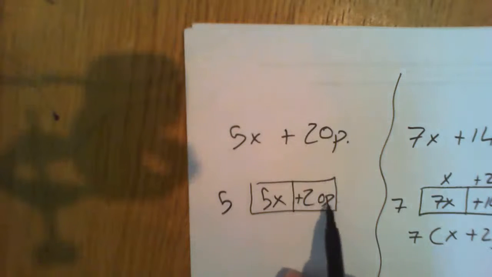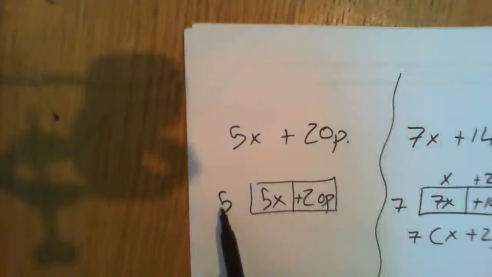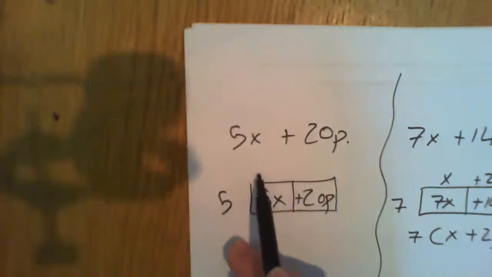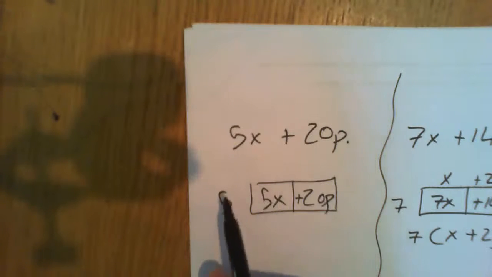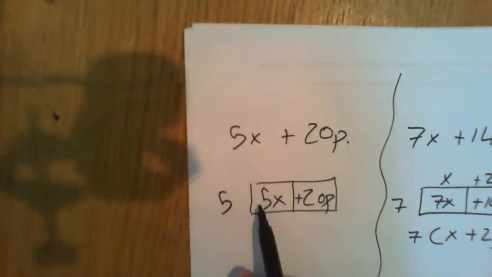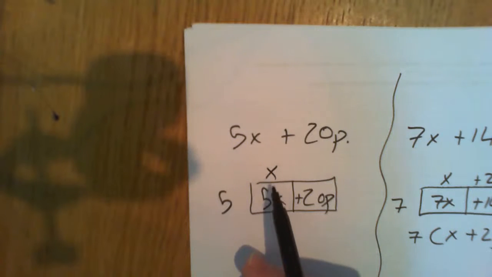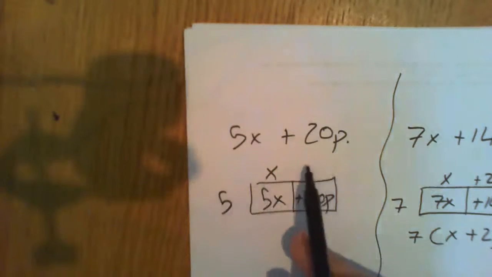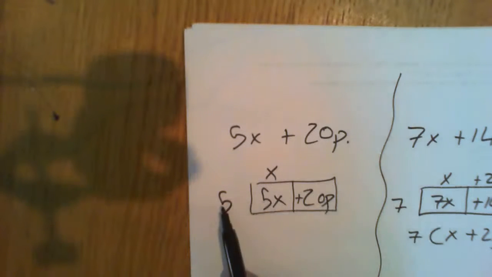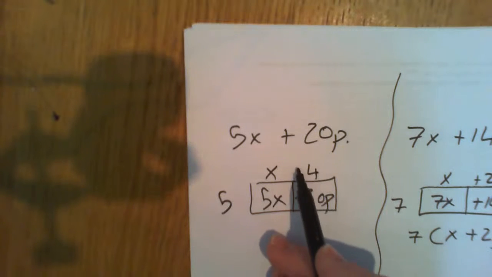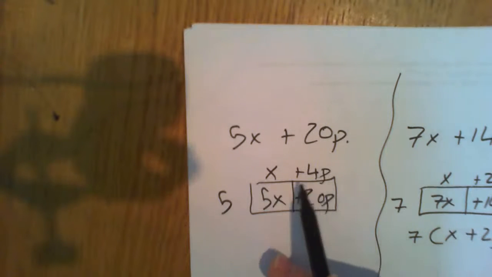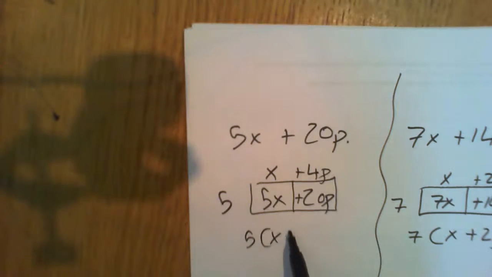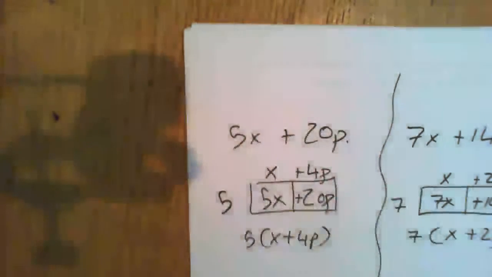Do x and p have a highest common factor? No, they don't. So now, what do I have to multiply up here to get this box to fill? 5 times something gives me 5x. It's 1x, isn't it? 5 times something gives me 20p. Well, 5 into 20 goes 4 times, and then I still have a p. So this is what I am looking for. That multiplies to give me that.